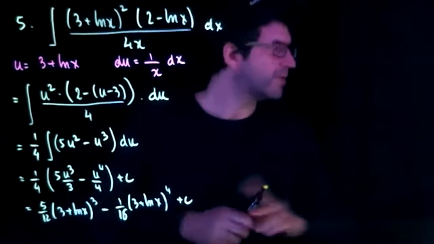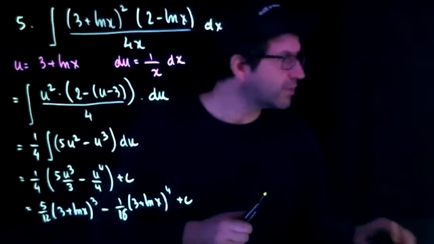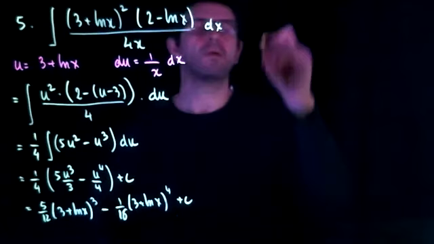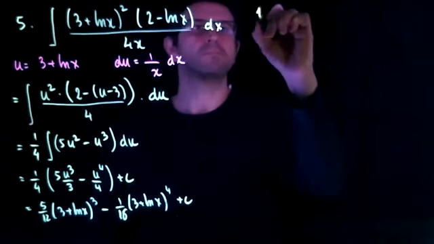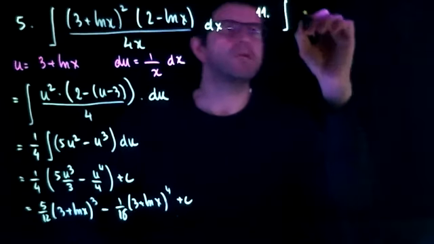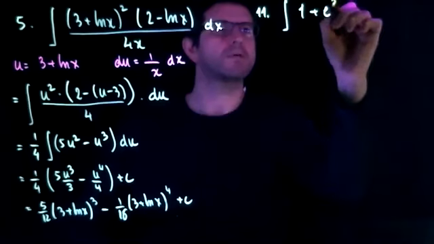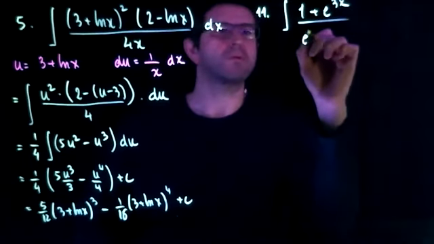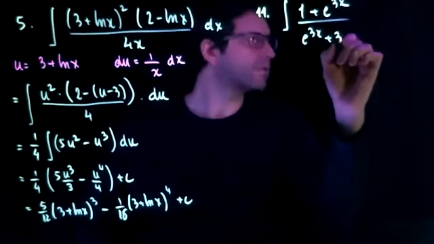So I have 11 and 12 left, but we're a bit running out of time. Okay, let's do 11. So the integral of 1 plus e to the 3x over e to the 3x plus 3x, sorry.